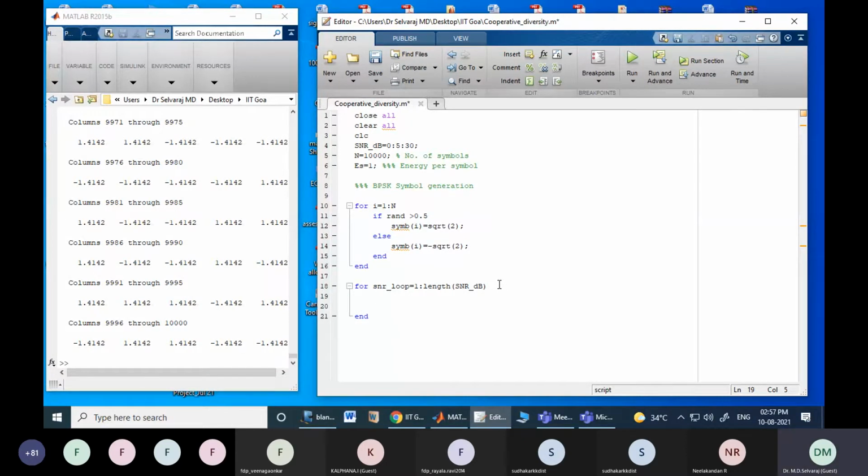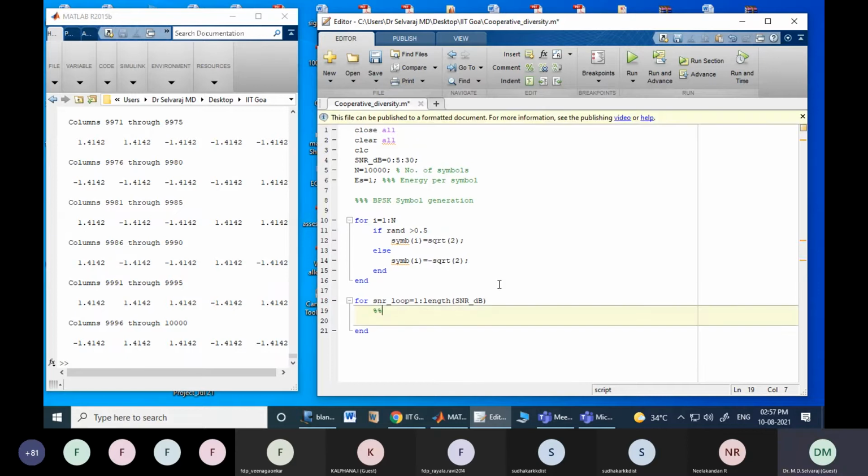This SNR dB is in logarithmic scale, in compressed format because it is dB: 0 dB, 5 dB, 10 dB, like that up to 30 dB. So I want to convert this logarithmic to linear values.